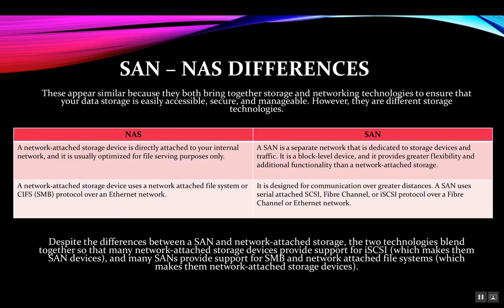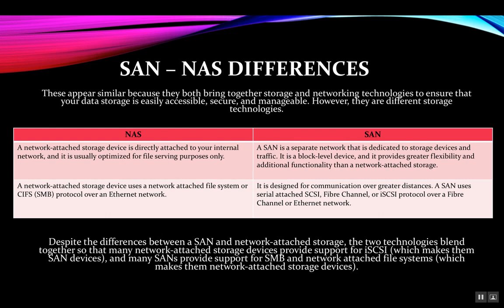NAS is directly attached to your internal network and is usually optimized for file serving purposes only. A SAN is a completely separate network that is dedicated to storage devices and traffic, and it's a block level device. It provides greater flexibility, additional functionalities, and it works over SCSI, iSCSI, Fiber Channel, or FCoE, which is Fiber Channel over Ethernet.